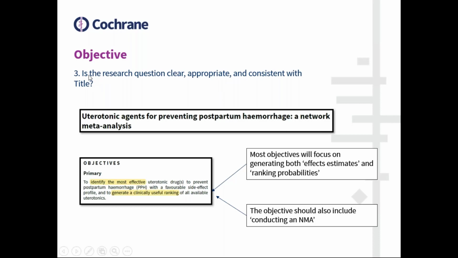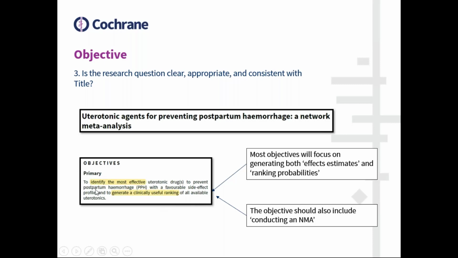So the question here we ask is, is the research question clear, appropriate, and consistent with the title? In the title, it should state a network meta-analysis after the title of the review. This also should be included in the objective. And if ranking is to be undertaken within the review, that should also be included in the objective.